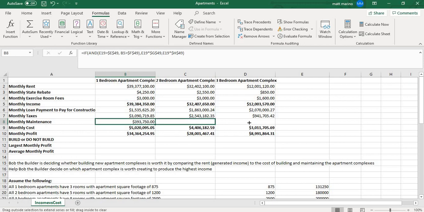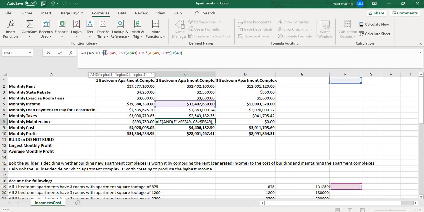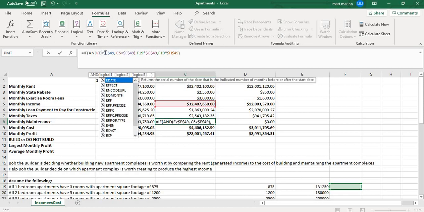We then need to drag our formulas over. You'll notice again, because we need to edit information within these formulas, that each of them have $0. So first we need to edit F19. This changes to E20.